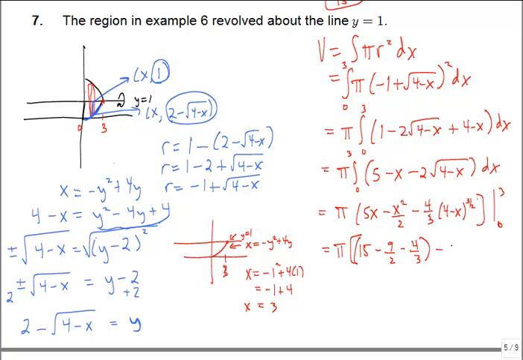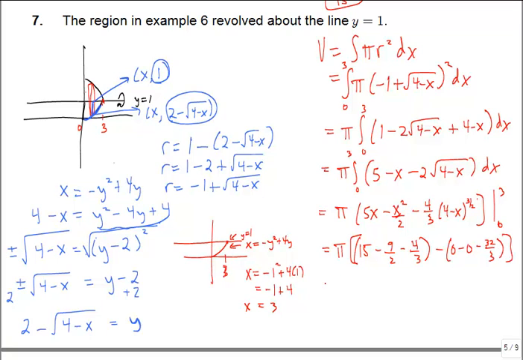Now be careful here. If you plug in 0, you don't just get zeros everywhere. This does go to 0. This does go to 0. But 4 minus 0 stays 4. The square root of 4 is 2. 2 cubed is 8. 8 times 4 is 32. So this is 32 thirds.